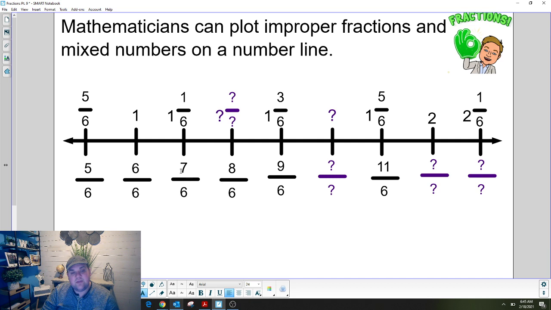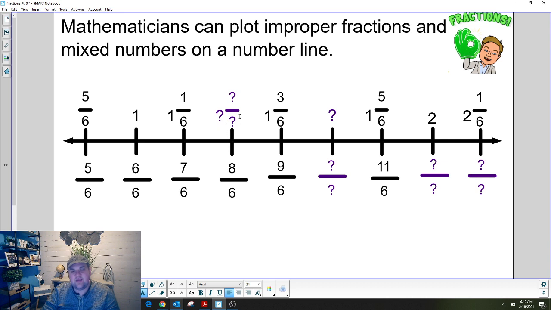All of these are improper fractions, and I know that because the numerator is larger than the denominator, or equal to. So you'll see 5/6 is here both times because there's not a mixed number that's equal to 5/6, because 5/6 is less than 1 whole. 6/6 is 1 whole. 7/6 is 1 1/6. 8/6 is, what do you think belongs in this spot?